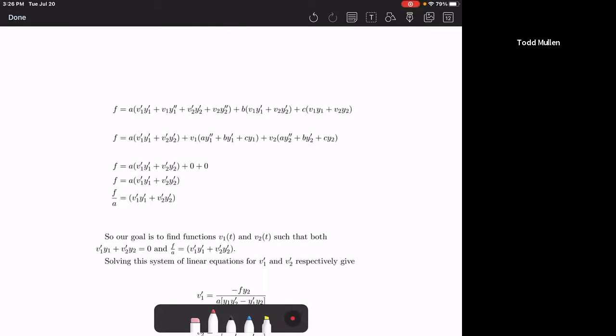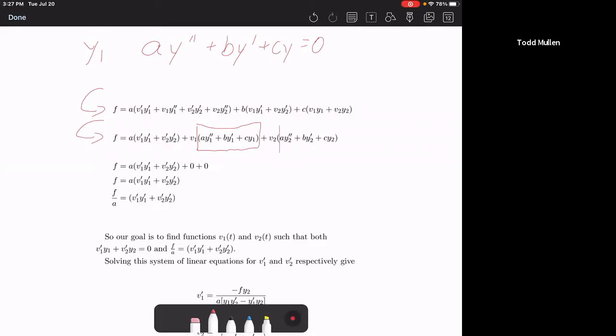But now we've assumed a few other things, if you recall. We assumed that y1 is a solution to a y double prime plus b y prime plus c y equals 0. So after we simplify this and move the pieces around so that everything is where we want it to be, we factored out a v1 from something that is just equal to 0.